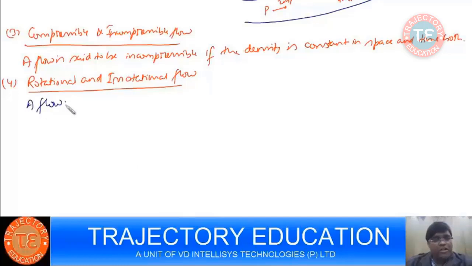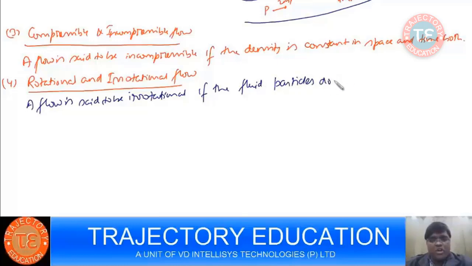A flow is said to be irrotational if the fluid particles do not rotate about any axis.